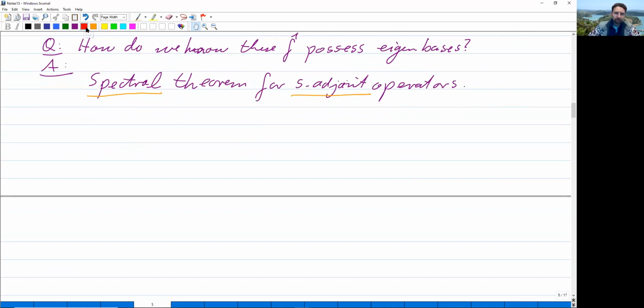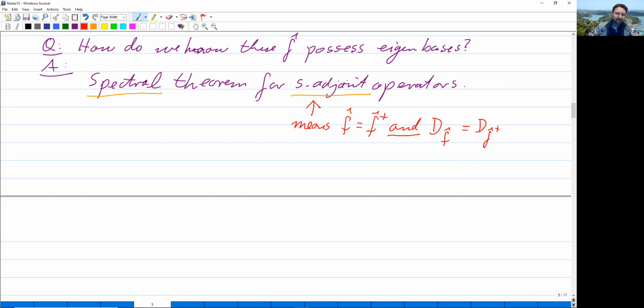So what we have is that self-adjoint means that f hat acts the same way that f hat dagger acts on whatever vectors both are defined, and this is important, the domain on which f hat can act has to be the same as the domain on which f hat dagger acts.